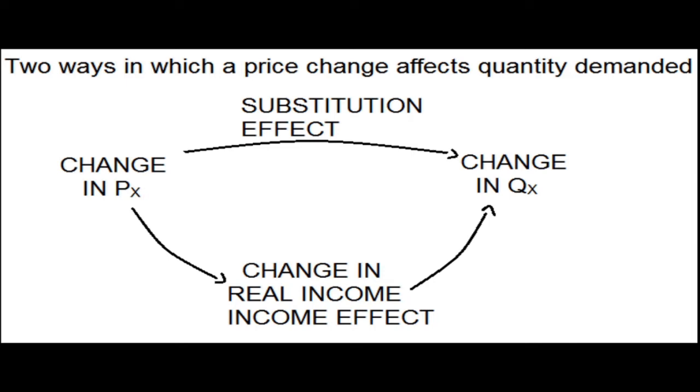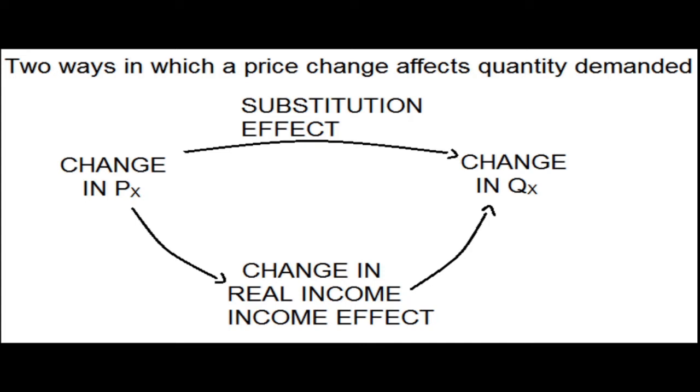The first one is the substitution effect, and the second one is the real income effect, or we can say income effect. So a change in price affects the change in quantity demanded through two effects: the substitution effect and the real income effect, or the income effect.